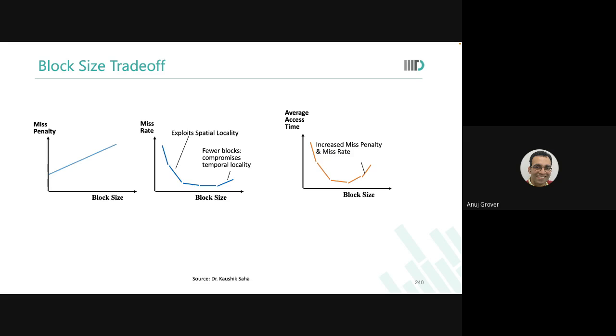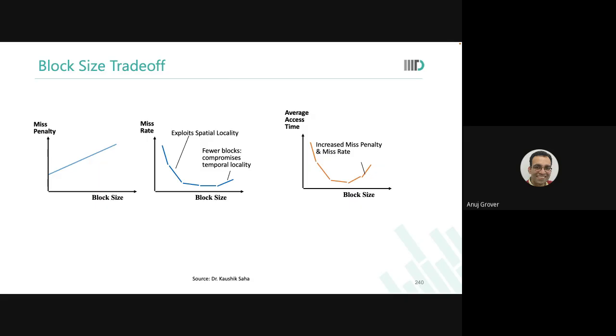You get the benefit of spatial locality when you start to increase the line size. Okay, that is what it means. But after some time, that benefit gets eroded because now you start to have misses again, because the number of lines that you have is fewer. Is that okay?